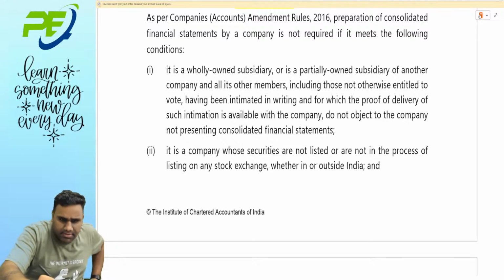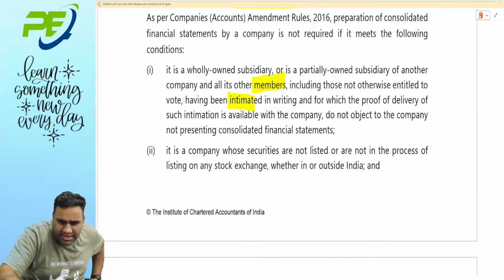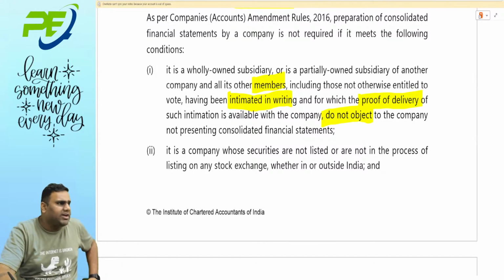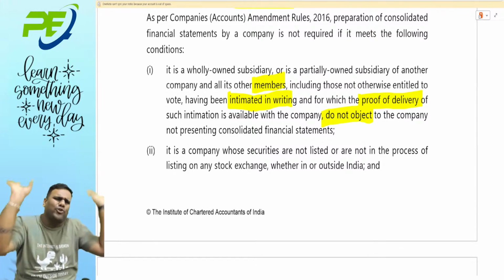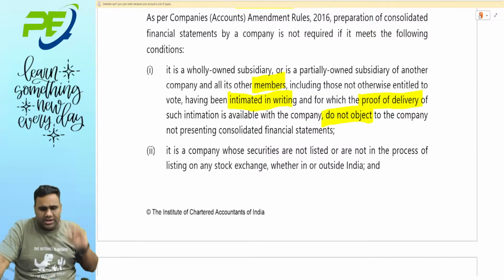Members have been intimated in writing and proof of delivery is available and they do not object. So if holding company members are telling it's okay if you don't prepare, we don't want, we trust you, then you need not.